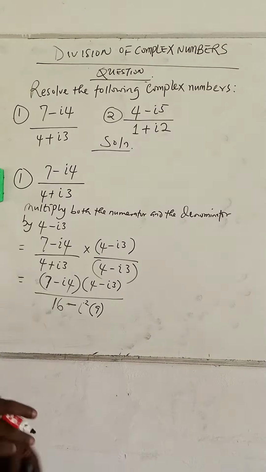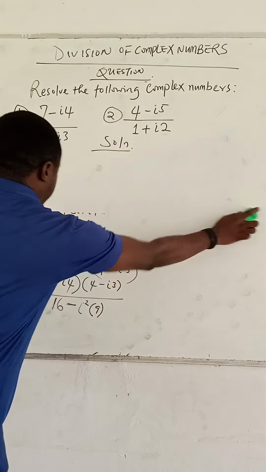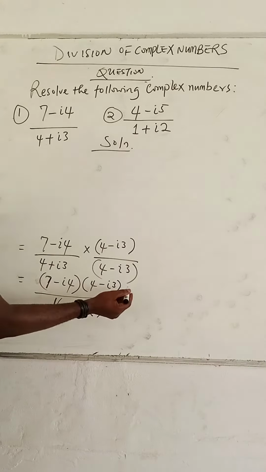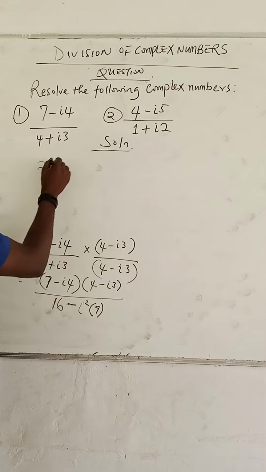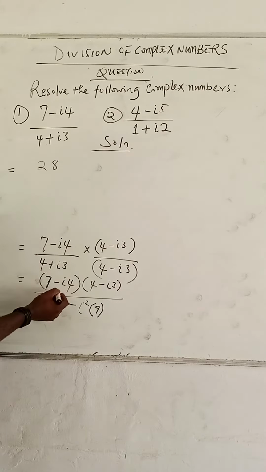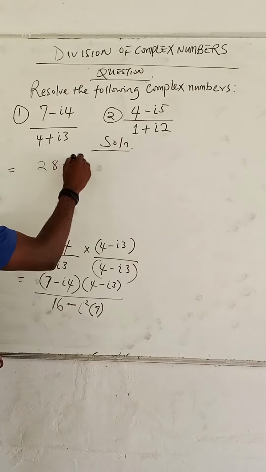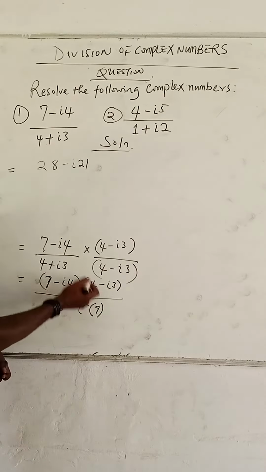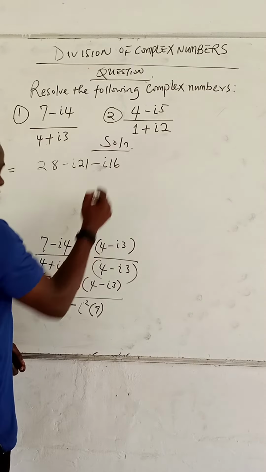We proceed by simplifying this. Expanding the bracket, we have 7 times 4 is 28. Then 7 times minus I3 is minus I21. Minus I4 times 4 is minus I16.